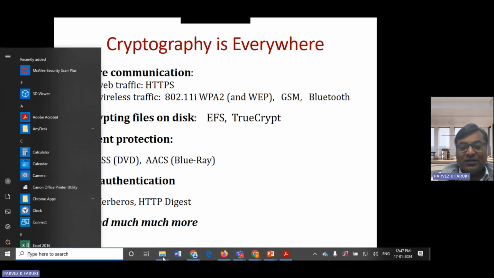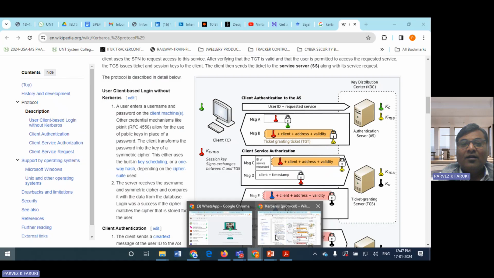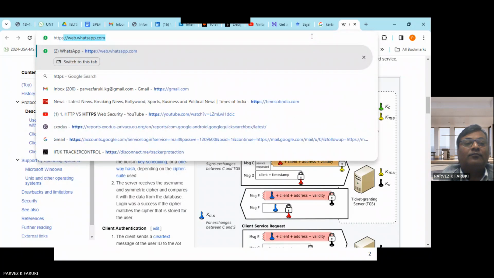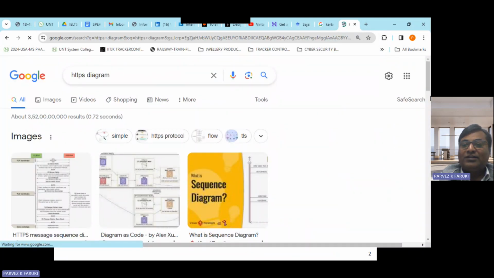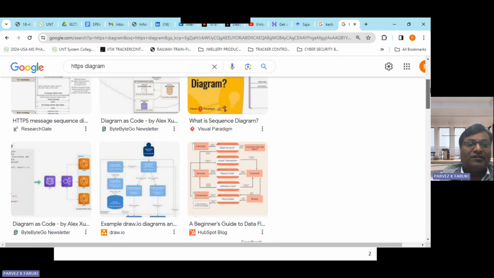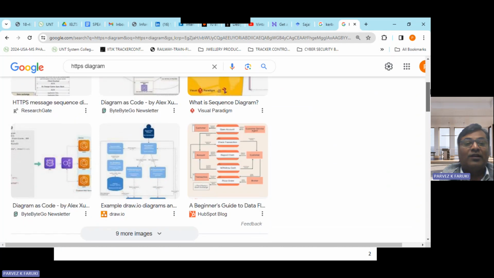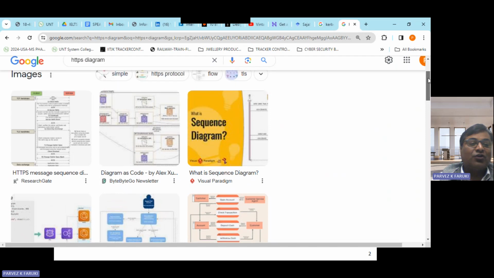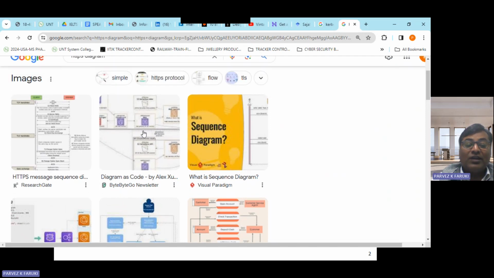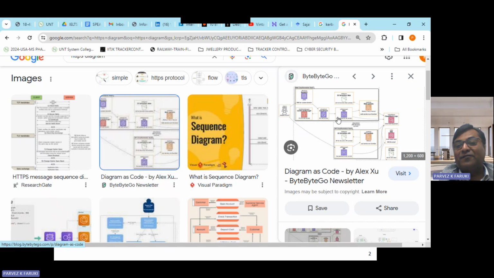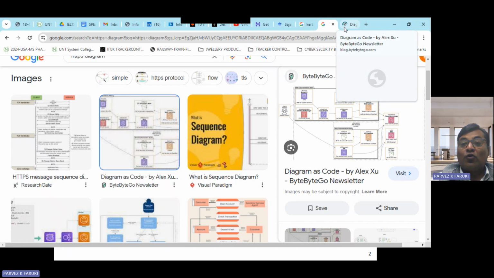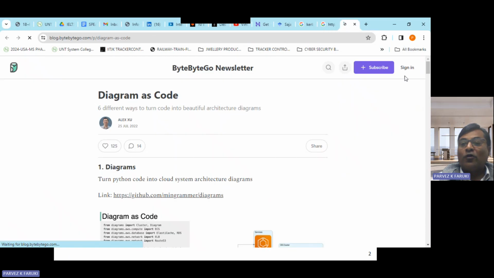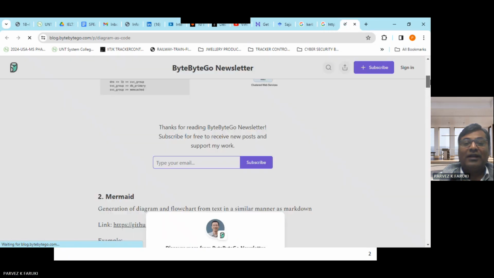Now, in case of HTTPS, I can just show you a very simple diagram. Let me just show it to you. HTTPS is not default security. It is actually a mechanism which ensures security when a developer pays for that security. If a company wants to launch a website and wants end-to-end encryption, then it will go for this particular encryption mechanism.